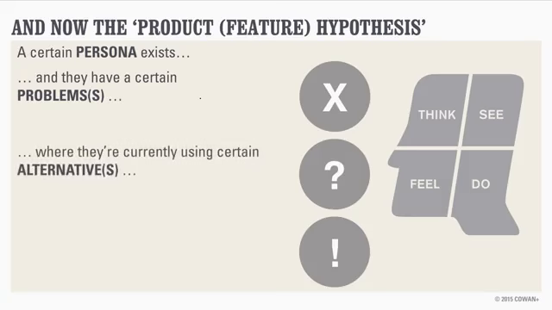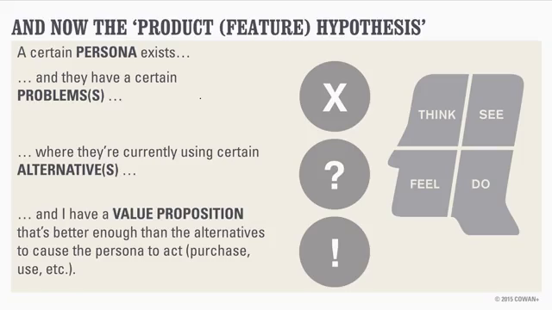Right now, they're doing these certain things to solve them, and we have a proposition that's better enough to cause them to want to use our site, use our enterprise software, whatever relationship we're trying to have with the customer.